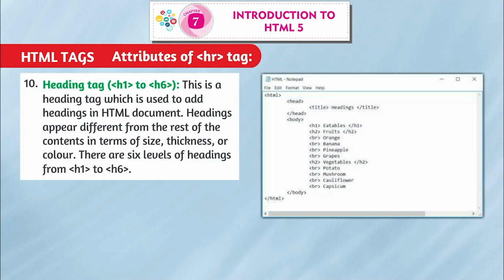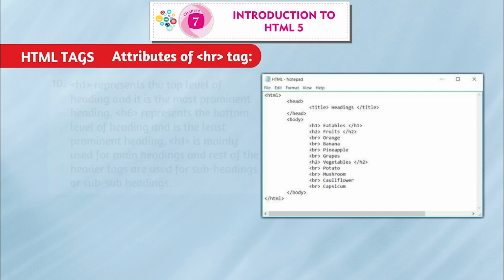10. Heading tag H1 to H6. This is a heading tag which is used to add headings in an HTML document. Headings appear different from the rest of the contents in terms of size, thickness, or color. There are 6 levels of headings from H1 to H6.